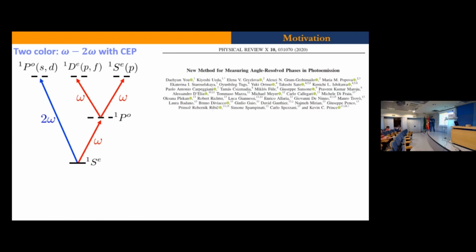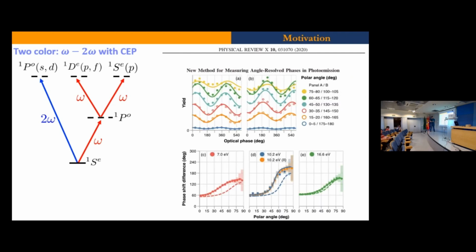This was actually measured in neon atoms by all these guys here, and I'm going to tell you, and you're going to believe me, that if you use second-order perturbation theory, you can prove that the angular distribution of the photoelectron behaves like this, with the cosine of the relative phase between the two pulses plus a phase, which is the phase difference between the two quantum paths.